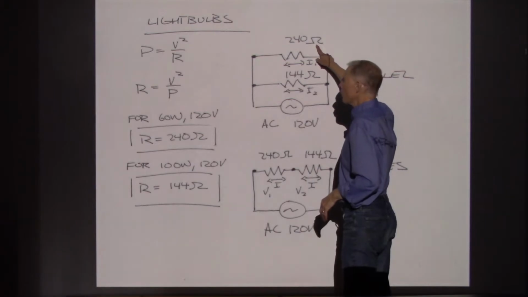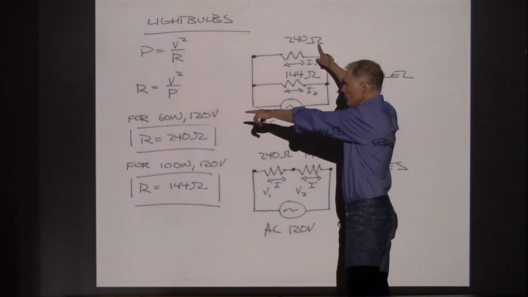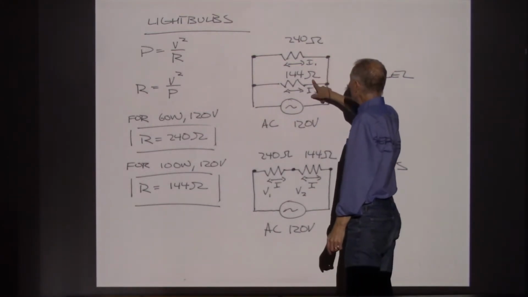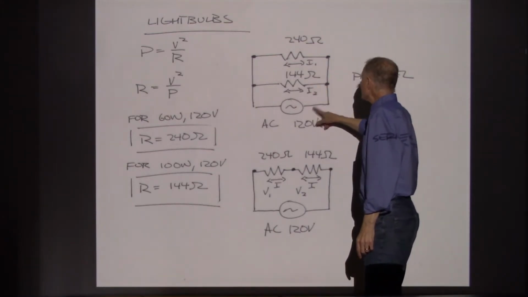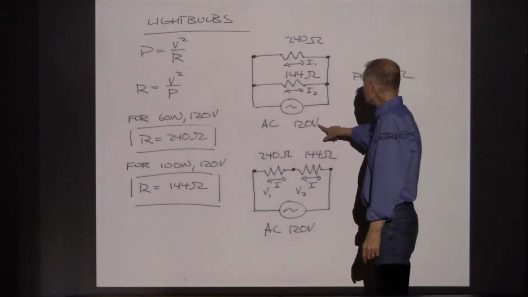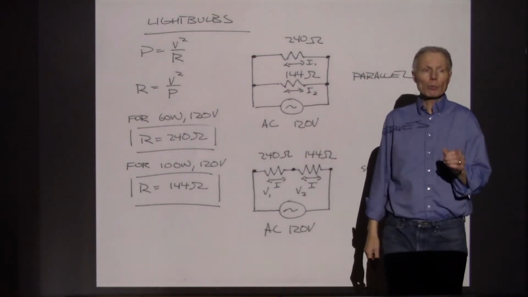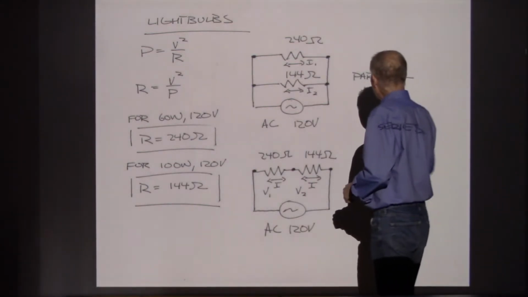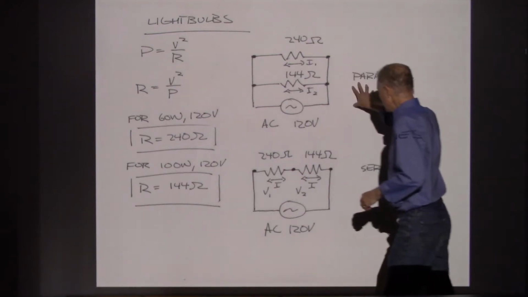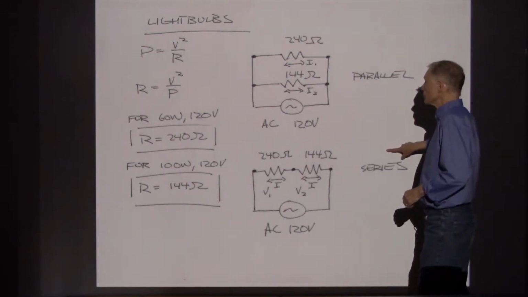I have a 240 ohm bulb here, the one rated at 60 watts, and I have a 144 ohm bulb here. I'm operating off of AC, so we'll say this is a 120 volt source that I've attached my light fixtures to. This would be in parallel, and this is what it would look like in series.